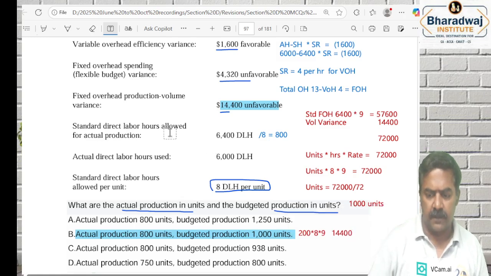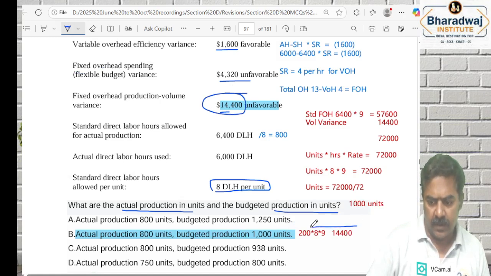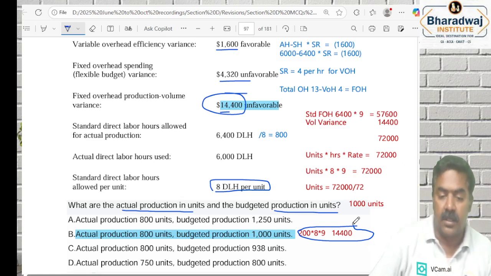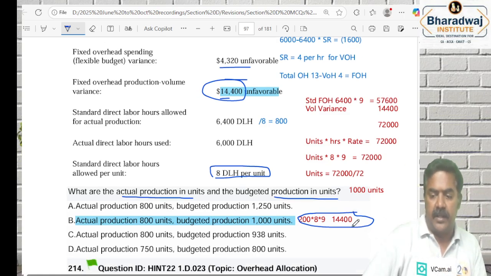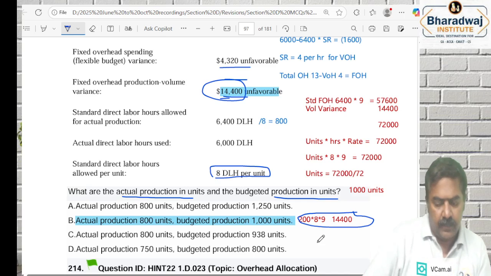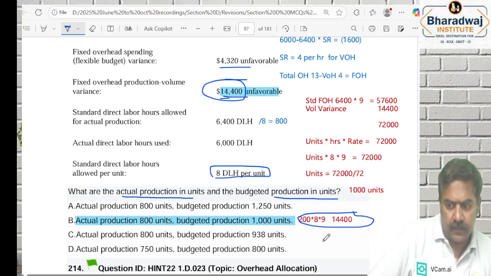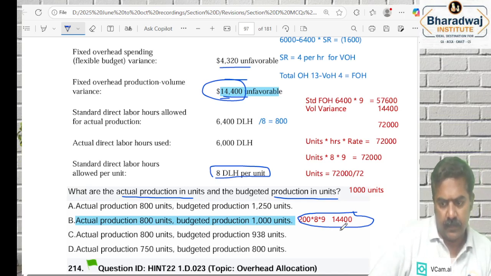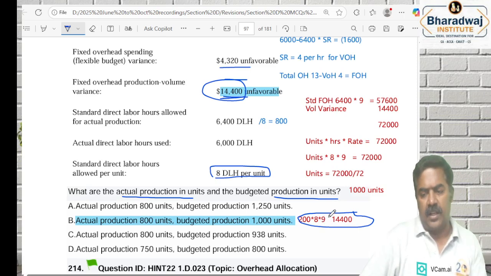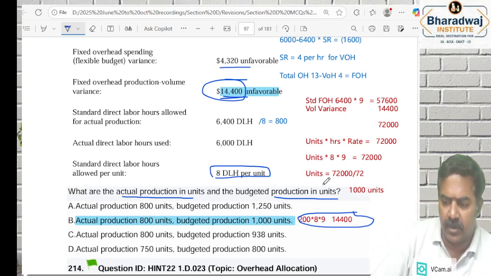That is what is given. Unfavorable because we budgeted 1,000, actual is only 800. So 200 into 8 into 9 is 14,400. But this also you can work out directly.